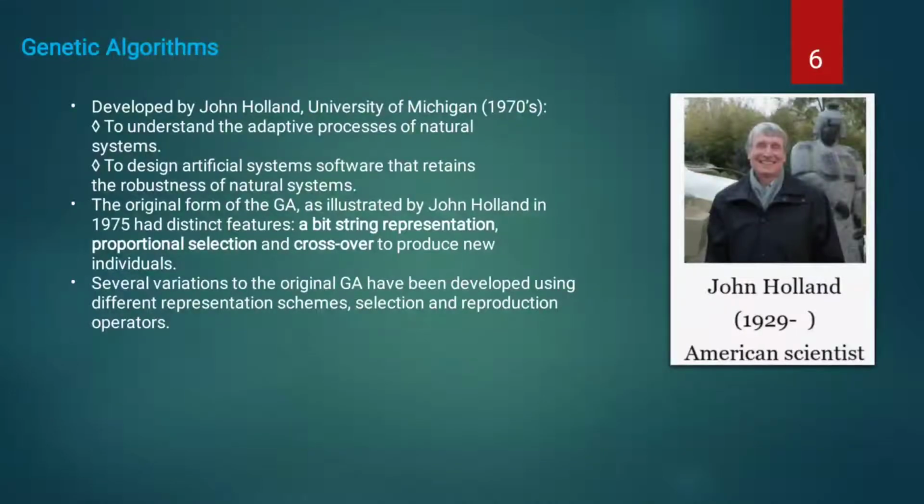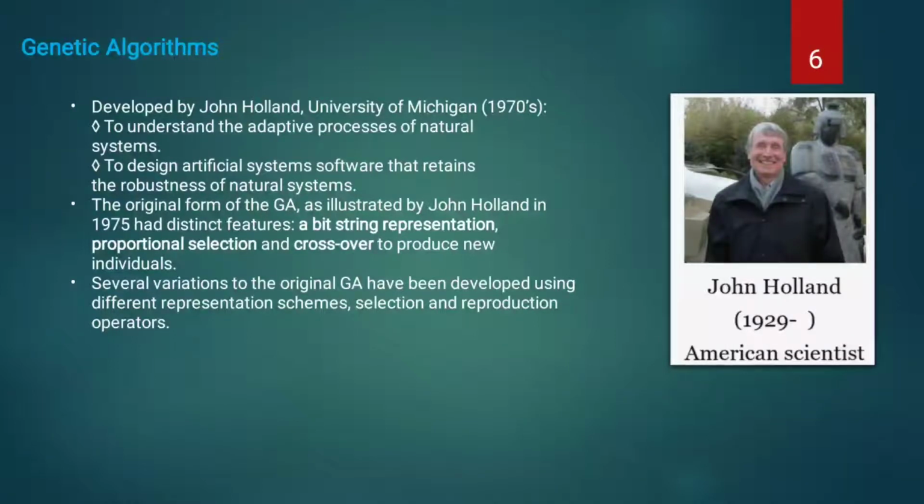In this slide, I will talk about the history of genetic algorithms. Developed by John Holland, University of Michigan, 1970. The purpose was to understand the adaptive process of natural systems, and to design artificial system software that retains the robustness of natural systems.